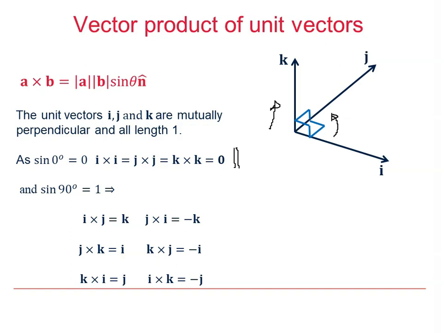So because it's length 1, then i cross j must be equal to k. If we go in the other direction, from j to i, then the corkscrew would move downwards, and so we can see that j cross i is equal to negative k. Similarly for j cross k and k cross i. The corkscrew will tell you whether it's in the positive direction of the third unit vector or in the negative direction.